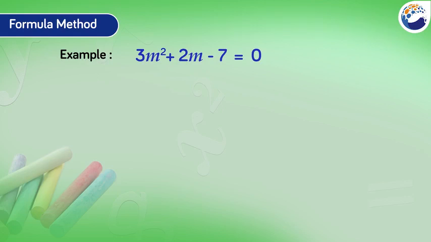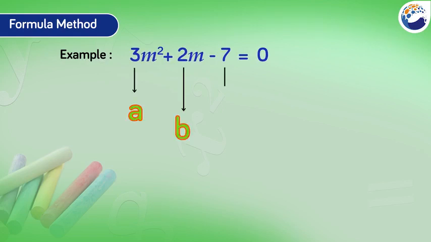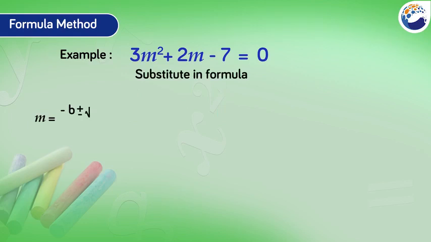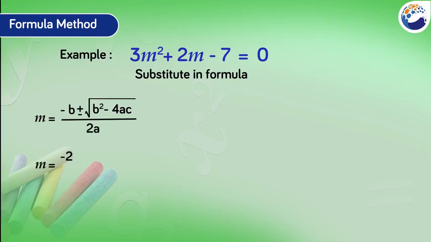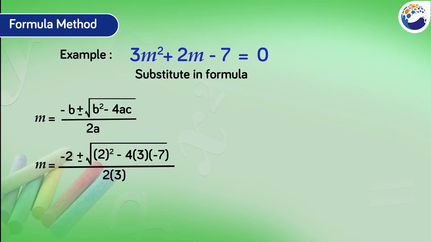Comparing with am² + bm + c = 0, here a = 3, b = 2 and c = -7. m = (-b ± √(b² - 4ac)) / 2a. m = (-2 ± √(2² - 4 × 3 × -7)) / (2 × 3).